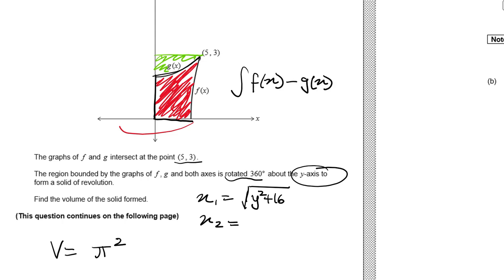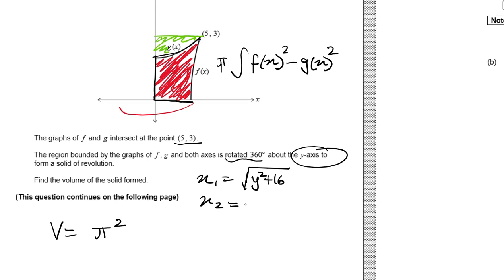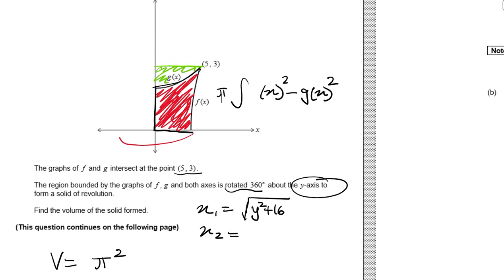But now we're talking about the volume, so we square that, and we have a pi squared. Sorry, pi. Hopefully that makes sense. And then all we have to do is find these in terms of x. Actually this should be f of y, this should be g of y, and then we should have dy.